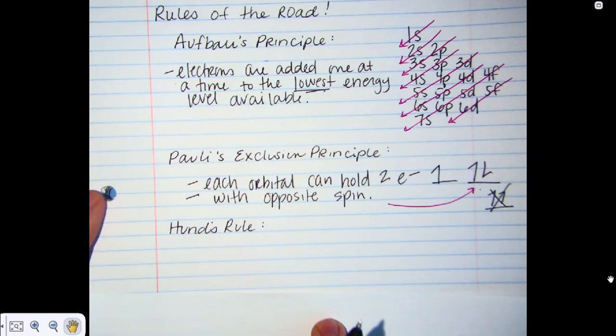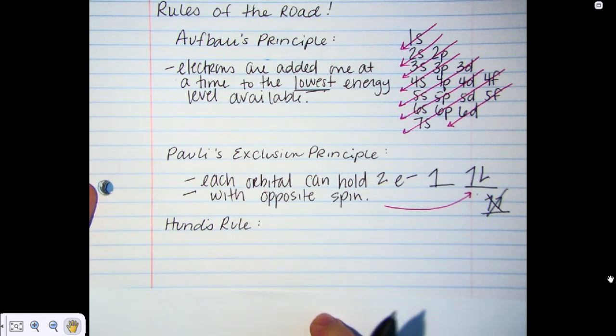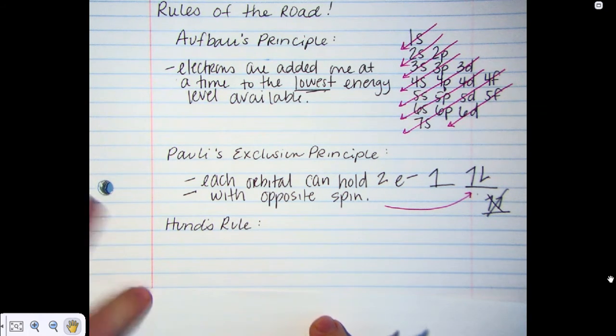Hund's Rule tells us that the electrons will occupy equal energy level orbitals so that there's a maximum number of unpaired electrons.